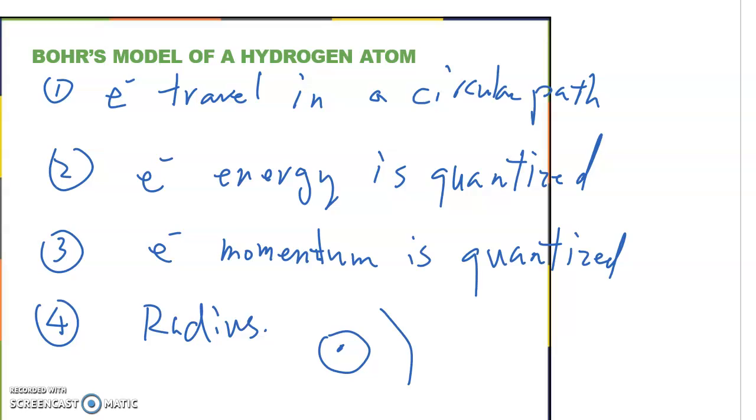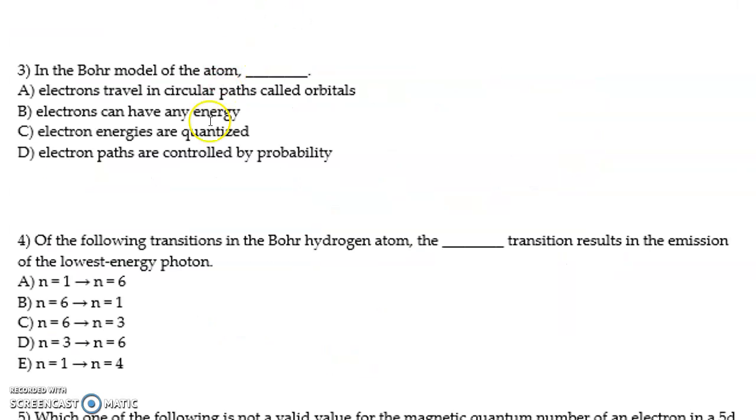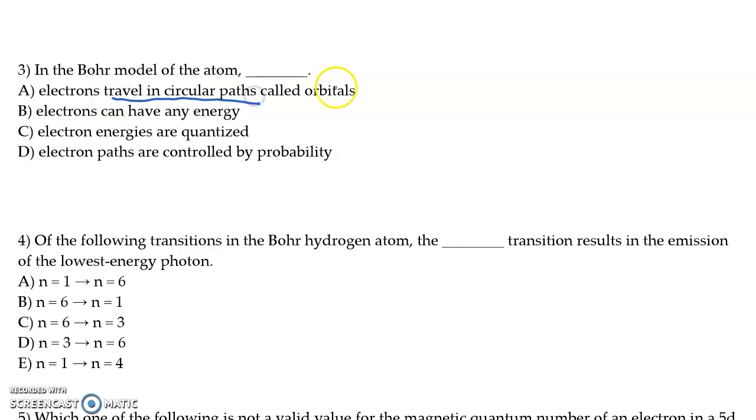Okay, so now let's do some exercise. Over here, number 3, the Bohr model of an atom. A, electrons travel in a circular path called orbitals. It travels in a circular path, but it isn't called orbitals.